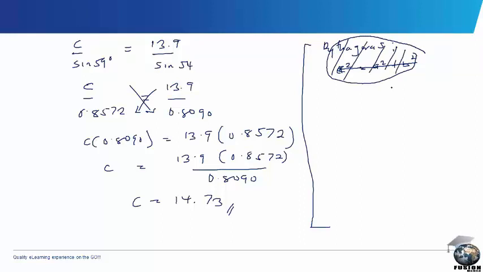Before we end the class, let's take one more example and an illustration where maybe we are given two sides and one angle, so we know how to work it out when the question comes in that form. Let's take an example where we have two sides and then we are given one angle.